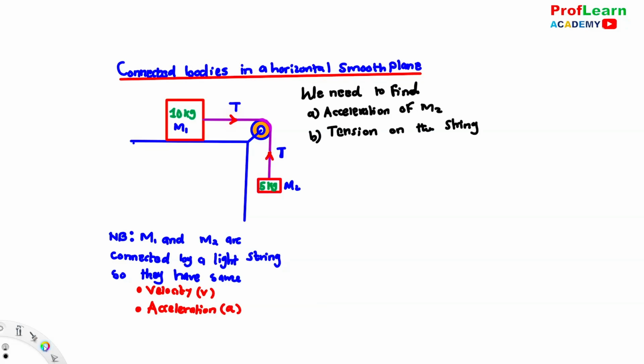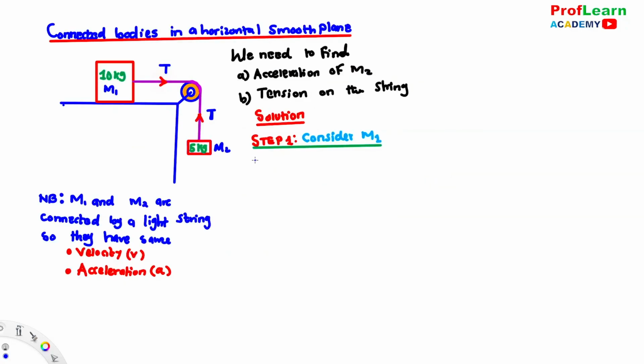Now, in order to work this out, we're going to follow two easy steps. Step one, we're going to consider the 10 kg mass. Since it's moving and accelerating at the rate of a meters per second squared, from Newton's second law of motion, mass times acceleration gives us the force acting on that particular object.